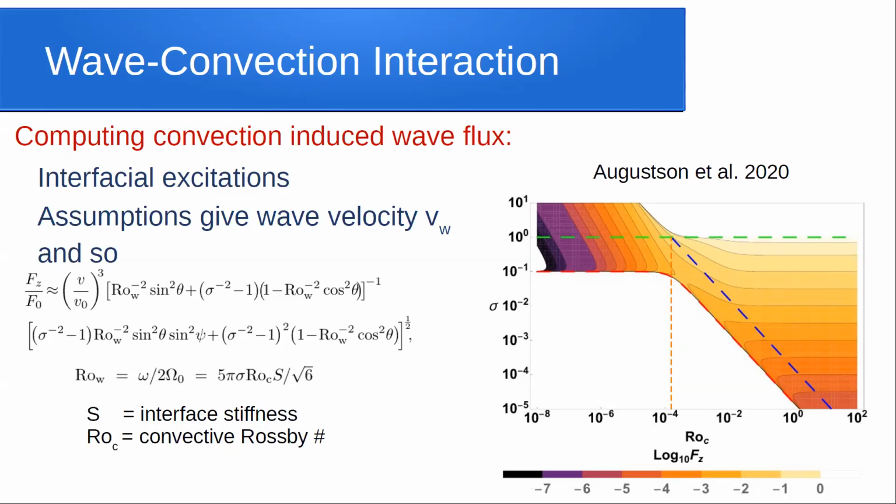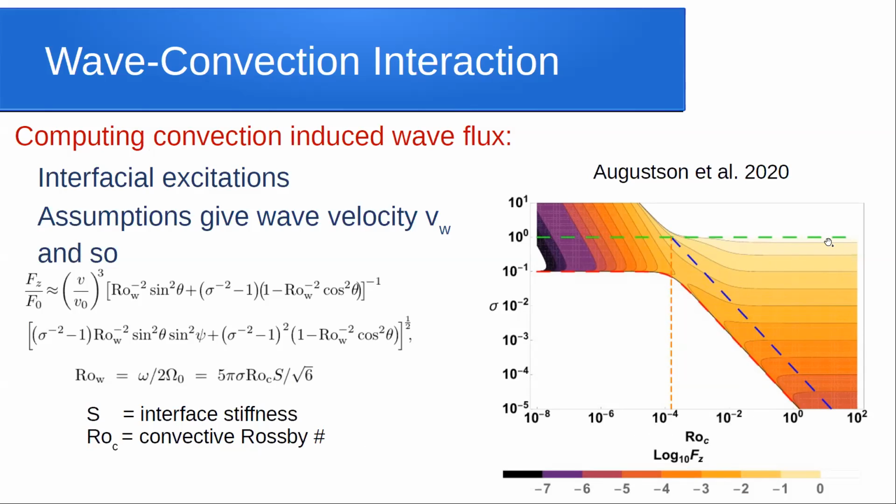But basically what we can find using this is that if we look, so sigma here is your wave frequency, normalized by the Brunt-Väisälä frequency. You have your convective Rossby number. And so at a large Rossby number or slow rotation rates, you don't have too much change in the fluxes. So this is, again, that ratio.